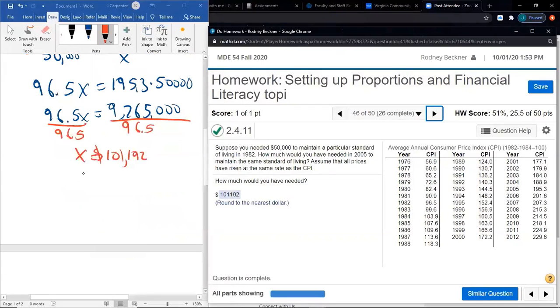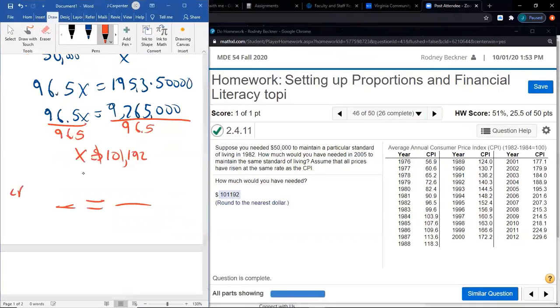Alternatively, what you could have done is just use your words. You can go ahead and write fraction equal fraction, and then to the side use your words, and you go CPI over dollar amount, or dollar over CPI. Then one of these fractions would be the 1982 year. The other fraction would be the 2005 year.